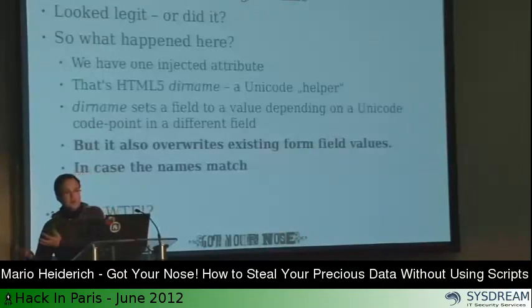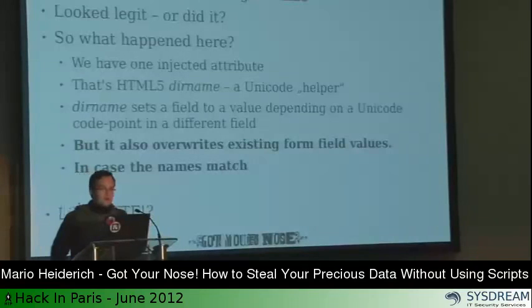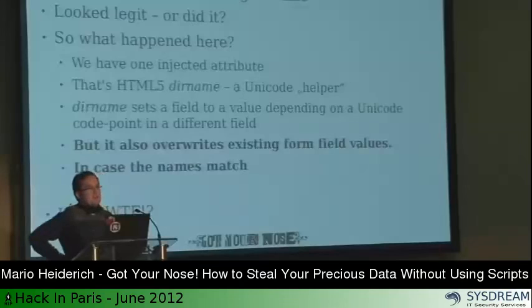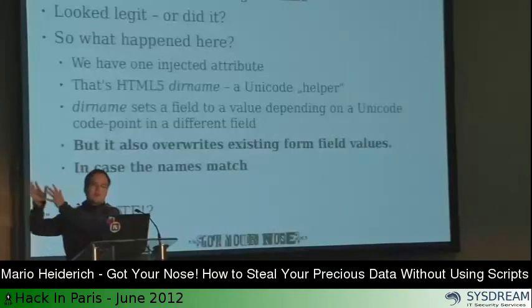So the server can know in which direction the text flows. And the less smart thing regarding Chrome and the creators of the specification is that existing values will be overwritten by dirname. So if you have a password field already, then dirname password will overwrite this value and fill in LTR if it's left to right, or RTL if it's right to left.